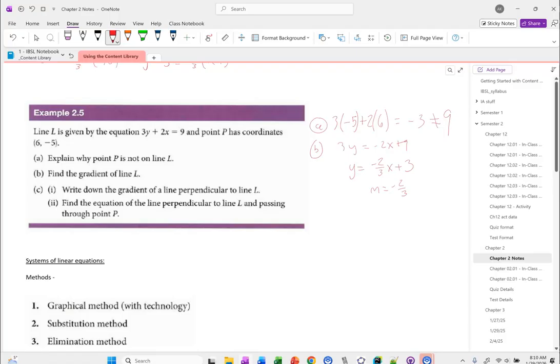Easy peasy, right? Algebra 1 stuff. It says write down the gradient of a line perpendicular to L. What's that going to be? Positive gradient. Yes.